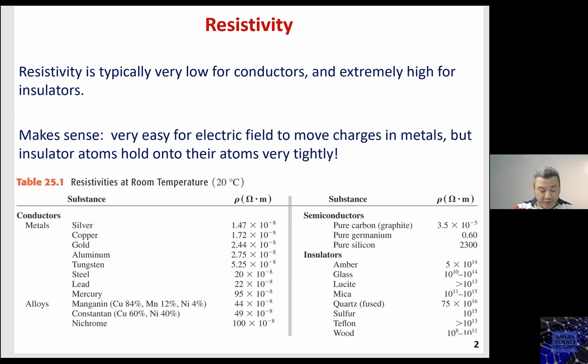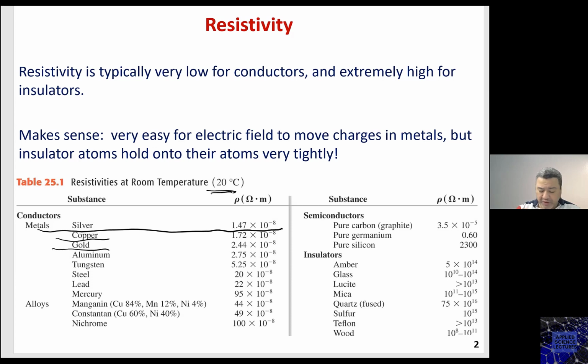So if we are to compare a few materials here, we have silver, for example, which has the best, or the lowest, resistivity at ambient temperature, and then come the gold, then the copper.